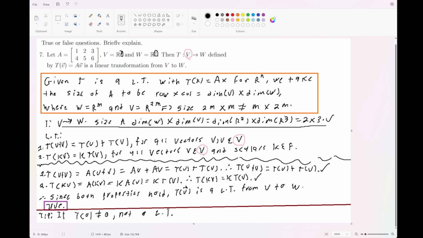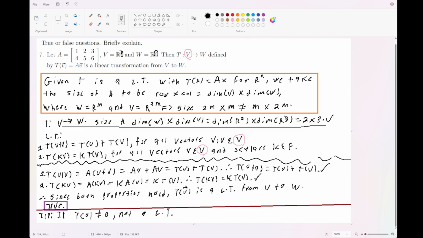Right, 2 times 3. We're going to check the following properties: addition and then scalar multiplication. So for addition to hold, we need to have 2 vectors u and v. We're going to add them within the transformation, and then we're going to apply the transformation to each outside. We're going to see if those hold. If they don't, then it's not a linear transformation, right?